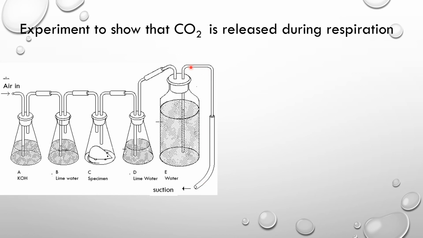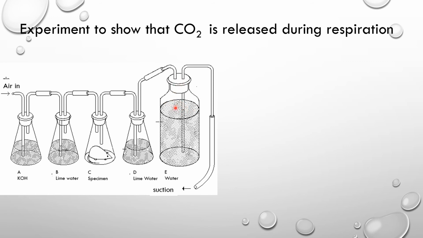The suction tube is connected to bottle E. So as you suck the water from this suction tube, the water level of this bottle goes down and it creates an air gap.